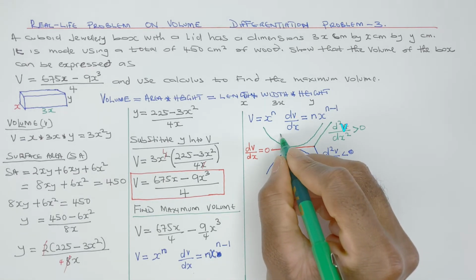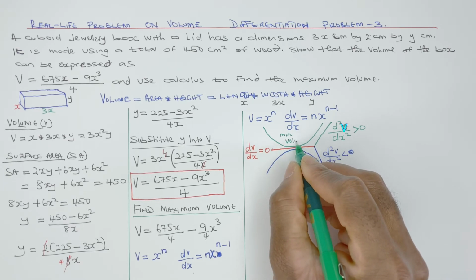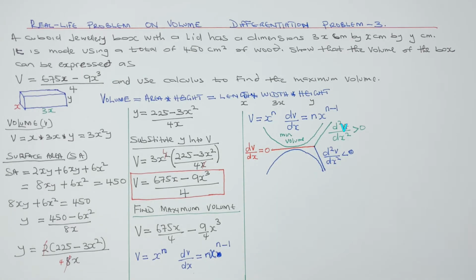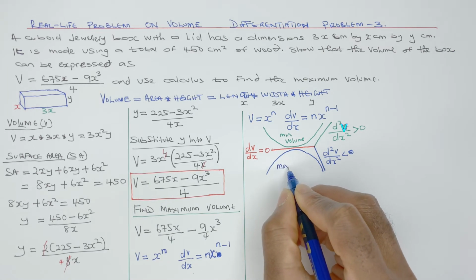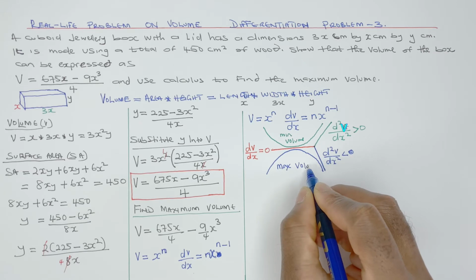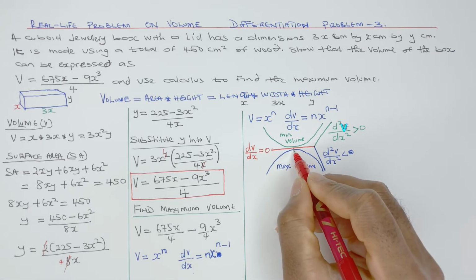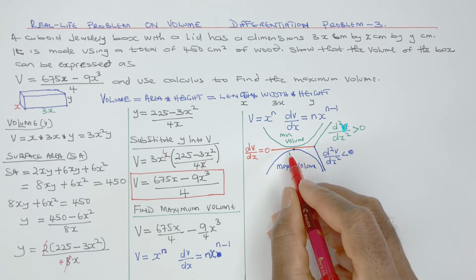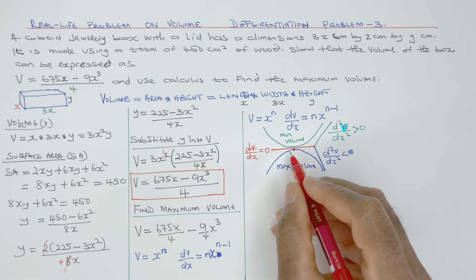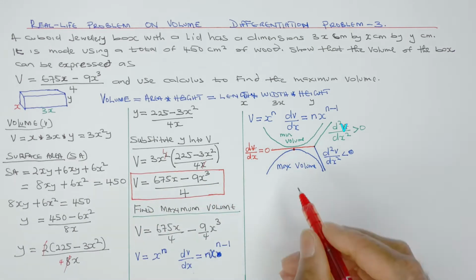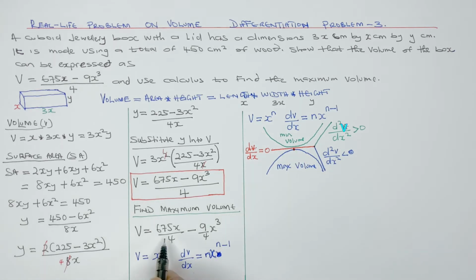So that will be minimum volume in this case, because we're having a volume problem, and that will be maximum volume. So we're trying to find the x value where that is at the top. At that top, dV/dx is 0. So we need to find the x value to find the gradient, if that was maximum, or even if it was minimum. So let's differentiate that.